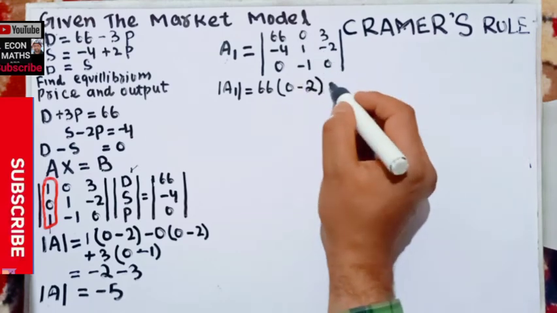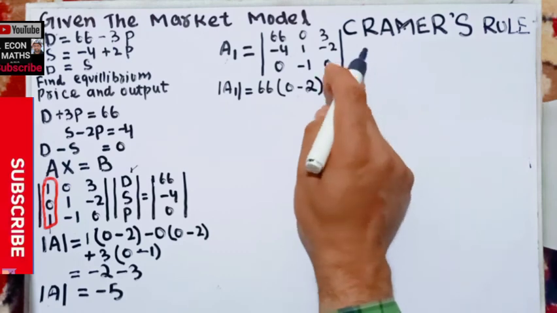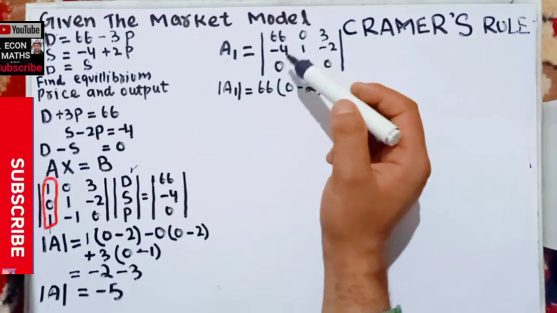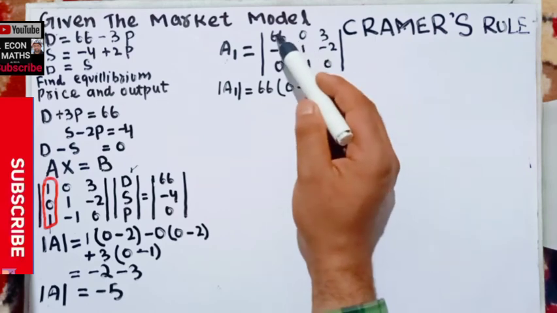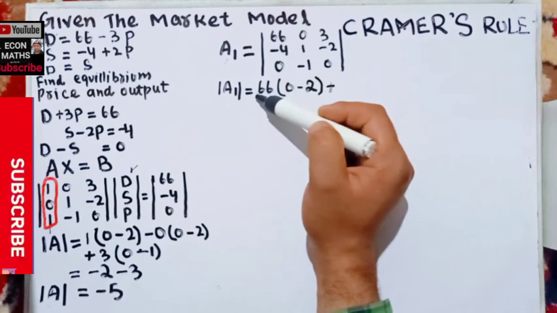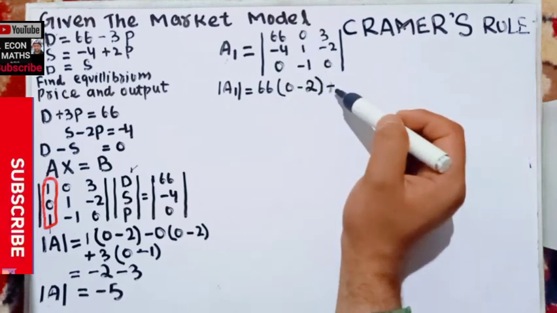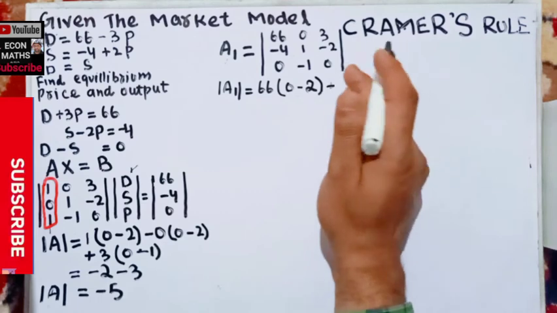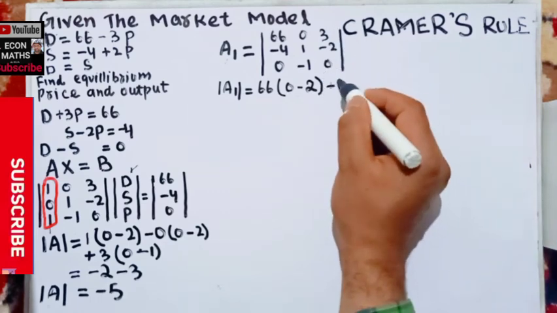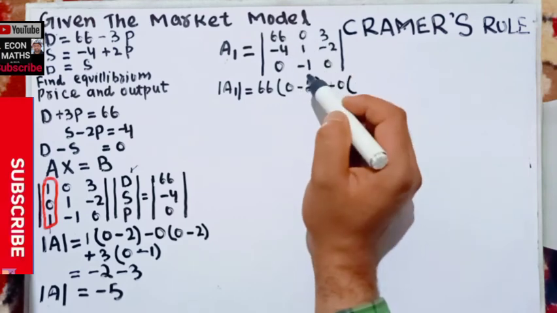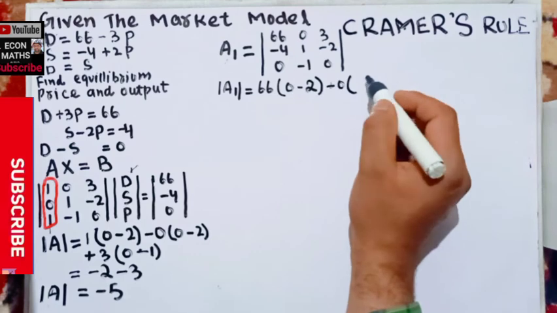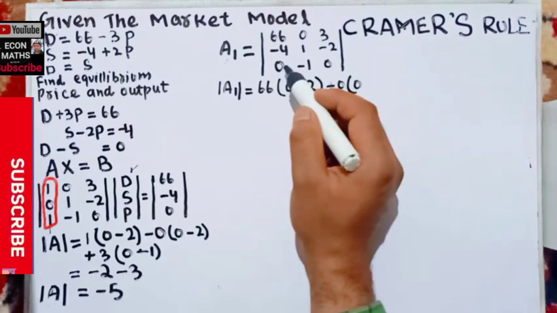Now here it is minus 0, because the signs get changed alternately. Here the sign of the first element is plus, the sign of the second element is minus, similarly the sign of the third element will be positive, so here it's minus 0. Now deleting the row and the column in which it appears, and taking the determinant of the remaining elements, this is minus 4 into 0, that is 0.